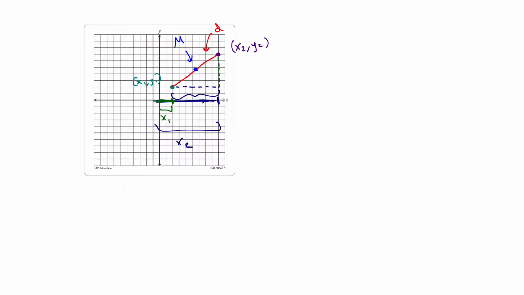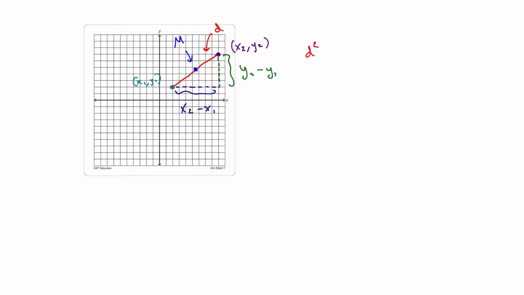Whoa, right? So, in particular, let's erase this and say that this is going to be x sub 2 minus x sub 1. In addition, this distance is going to be y sub 2 minus y sub 1. So, that gives us the formula, right?